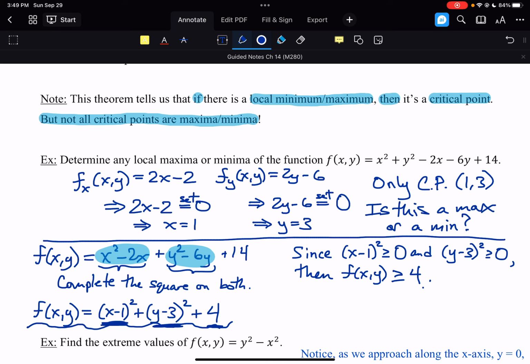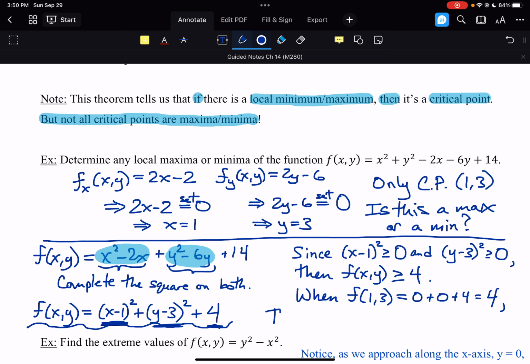Okay, so the smallest value this function can take on is 4. When f of (1, 3) equals, that's 0 plus 0 plus 4. So f of (1, 3) is 4, and the function will always be greater than or equal to 4.